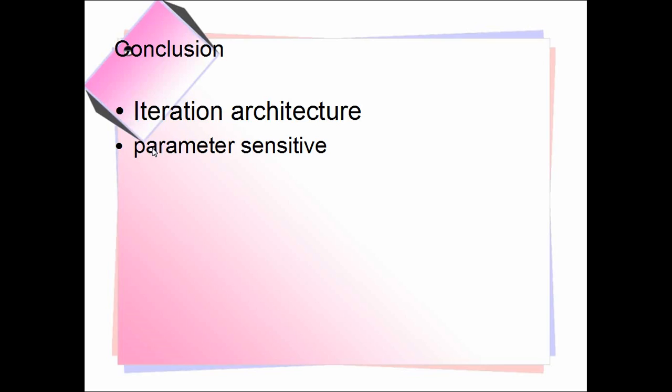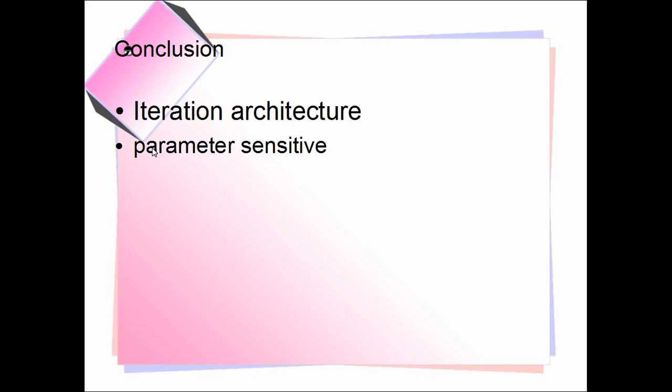And for the conclusion, as we see in the simulation result, the iterative architecture is a big advantage of the turbo code decoder, which results in better performance after each iteration.